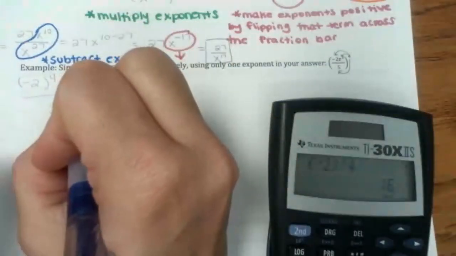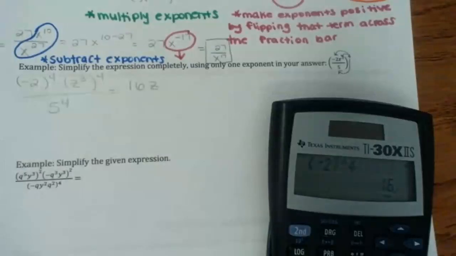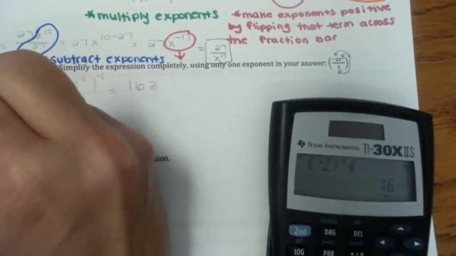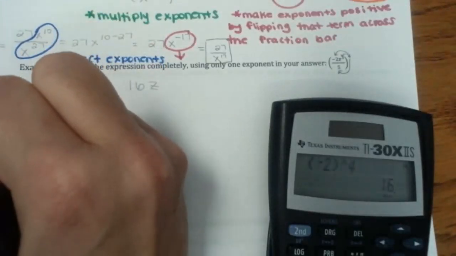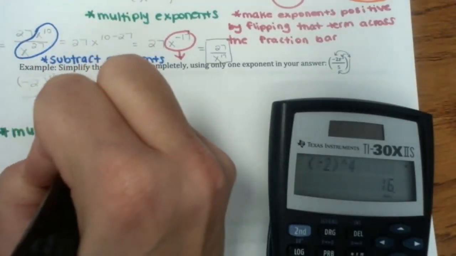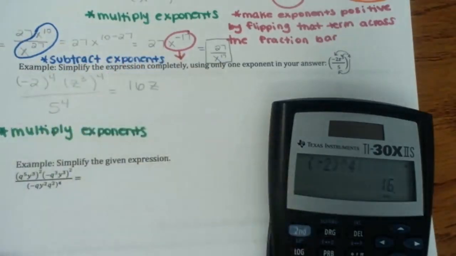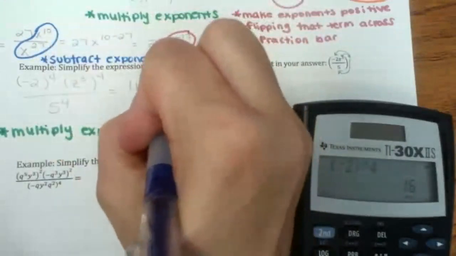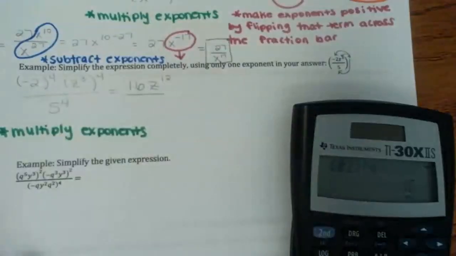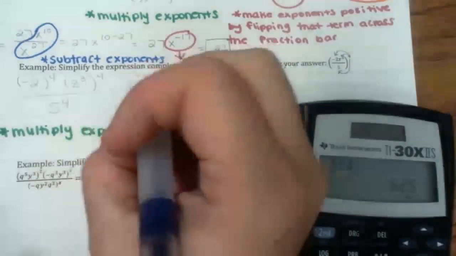Z to the 3 times 4. We have a power to a power, so that means we are going to multiply our exponents. So z to the 12th divided by 5 to the 4th, which would give us 625.